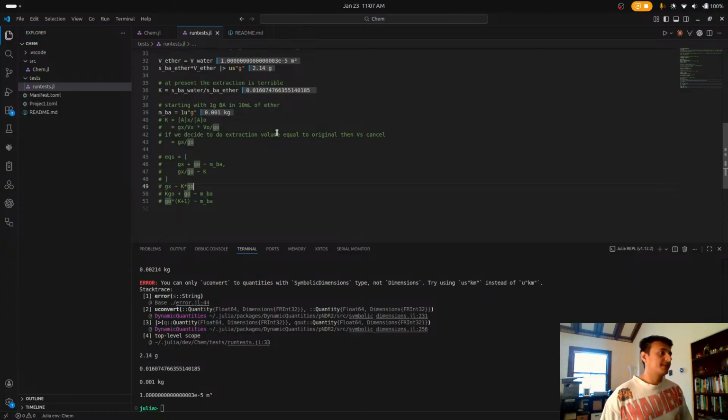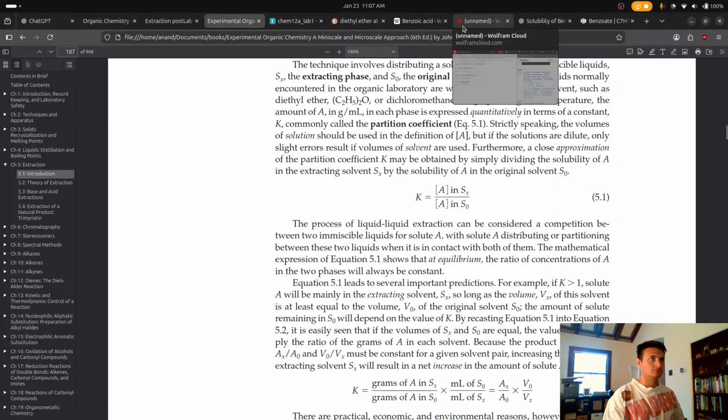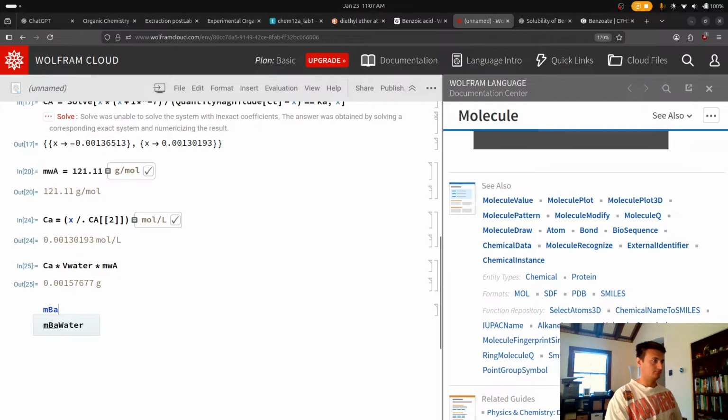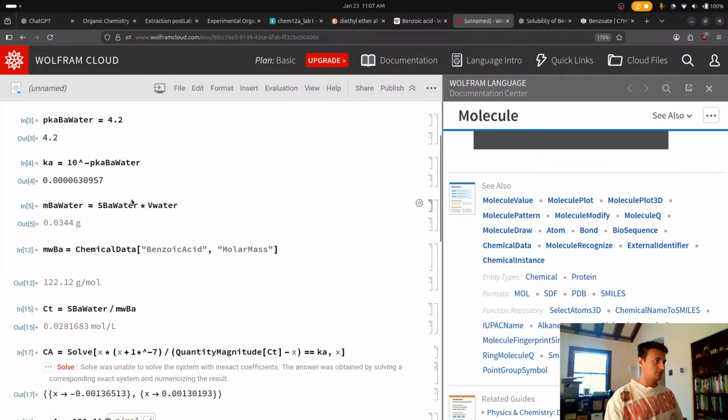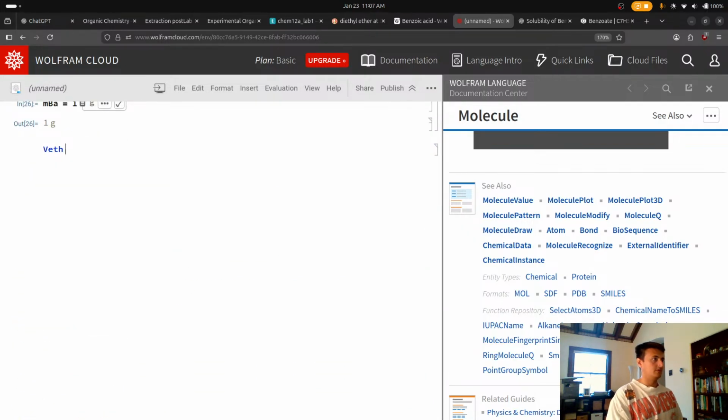Okay. So we have 1 gram and V water. So that's the original, and we're extracting it in water.